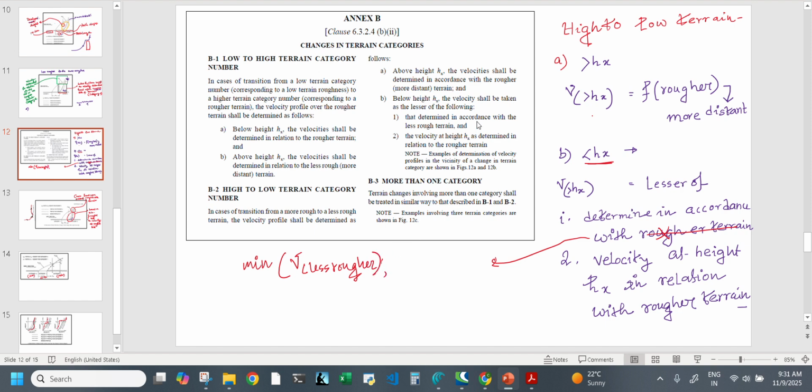That means it depends in accordance with the less rough terrain, and the velocity at height hx as determined in relation to the rougher terrain. The minimum of both is taken as the higher to lower terrain.